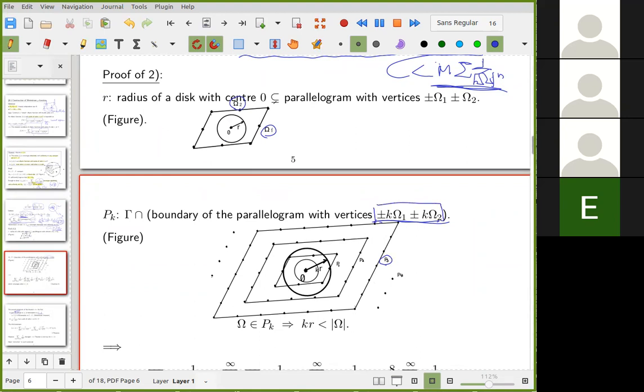And if a lattice point is on this parallelogram, P_k, then it has absolute value larger than k times r. r is the radius of this small circle.